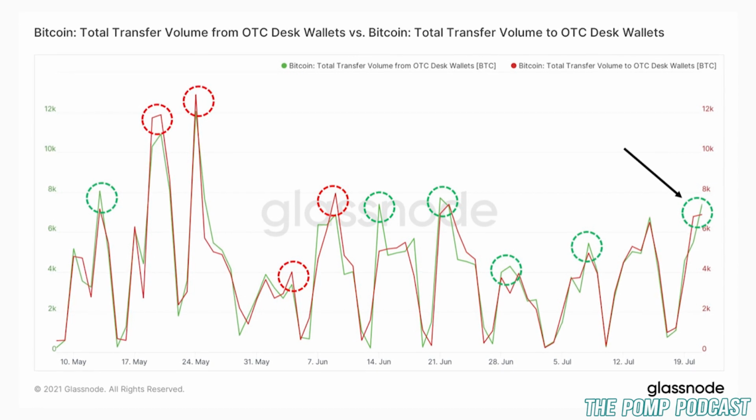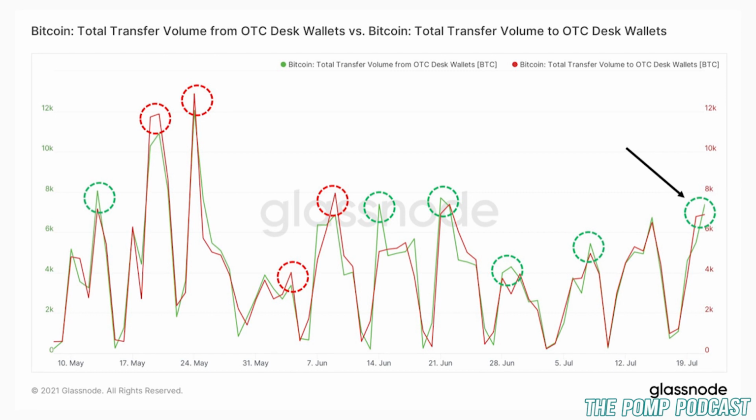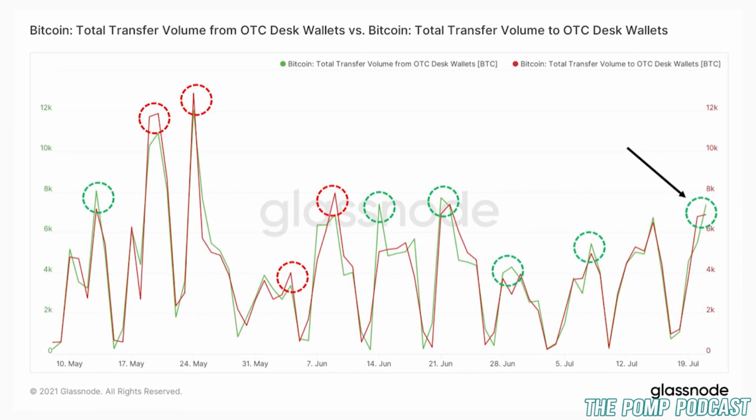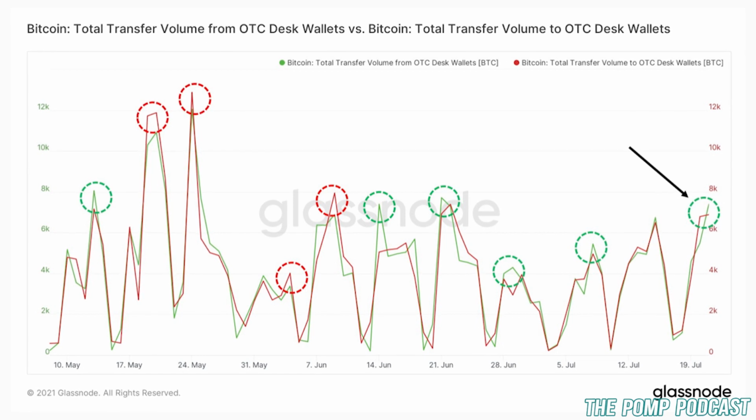So when you see a strong move up and you see those outflows, or inflows for that matter if you're trying to make a bear case, strongly outpacing the other, then I think that's a stronger signal. And also if you're getting multiple in a row. Right now, if you look at the chart, we've had 5 straight coinciding spikes between inflows and outflows where outflows have outpaced inflows.